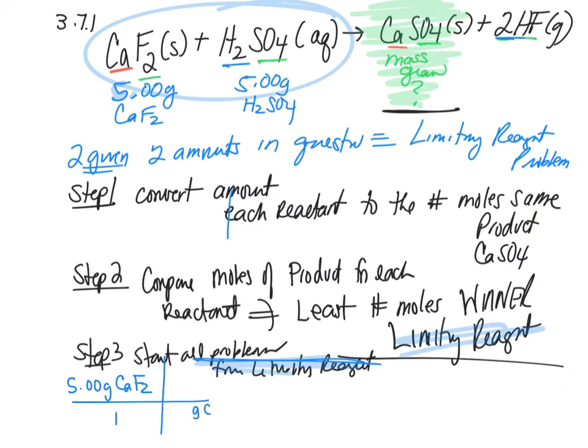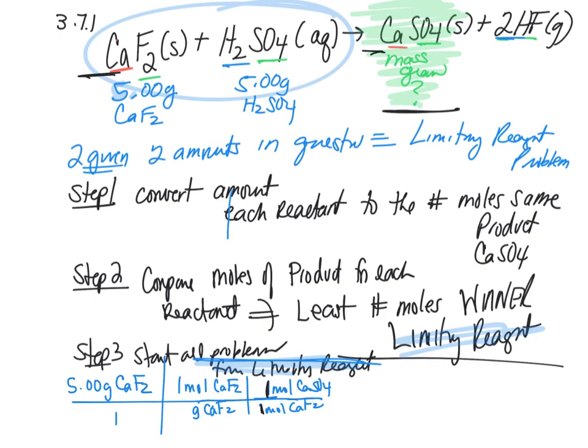We're going to go from grams of calcium fluoride to 1 mole of calcium fluoride. And we're going to look at our coefficients, and we're going to see that 1 mole of calcium fluoride equals 1 mole of calcium sulfate. Where did I get these numbers? This was from the coefficients in the balanced equation.